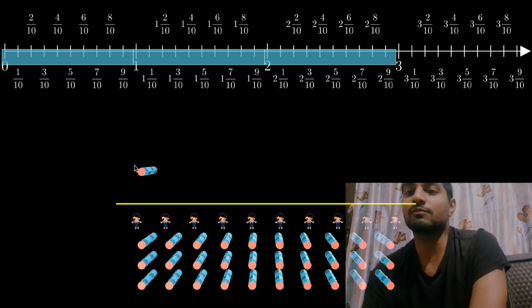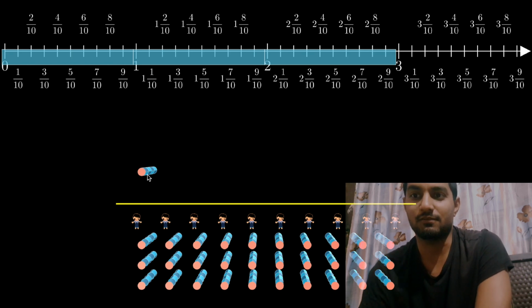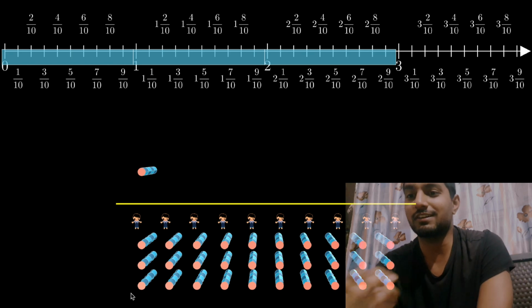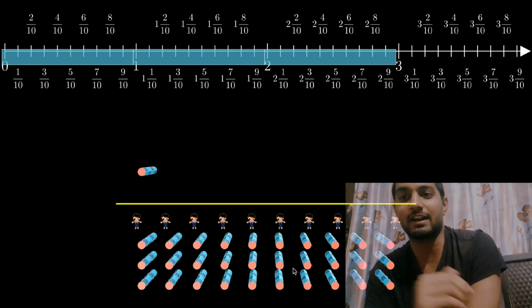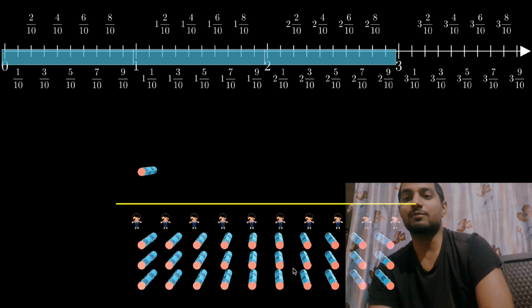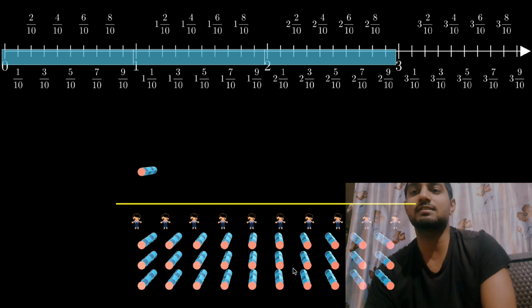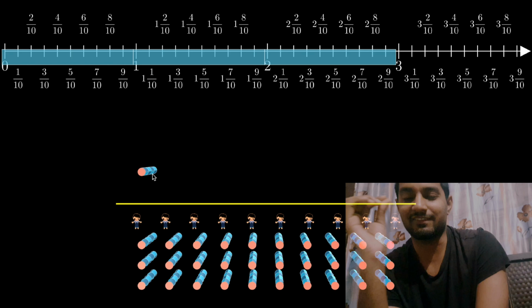Now we are left with one stick, and one way is to give this one stick to this kid, then this kid will have 4 sticks, but it will not be equal. The others will have 3, and this is not right. So we have learned about fractions. We can split this into 10 equal portions so that we can give each of them a little chunk, right?